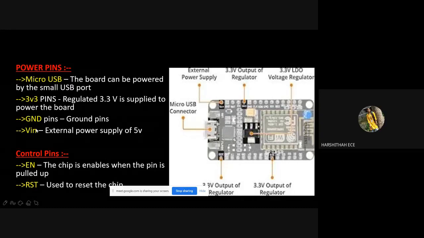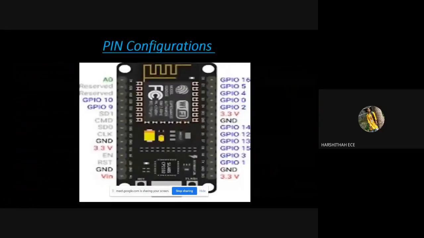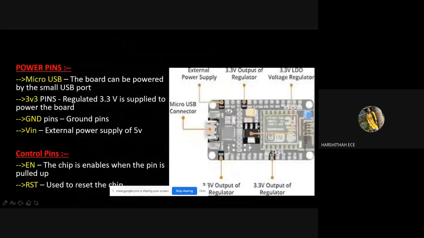then you can go with this VIN pin, which supplies 5 volts to your NodeMCU, or you can use this 3V3. If you have your board with you, you can see 3 to 4 3V3 pins here and there. It is a regulated voltage which you can supply to your board.